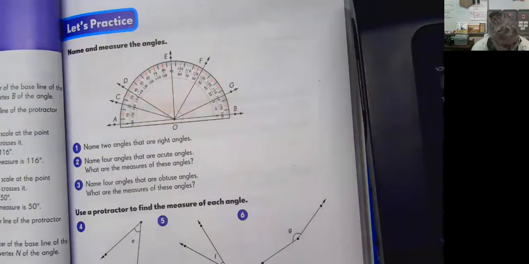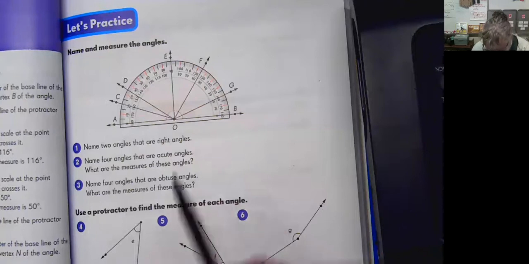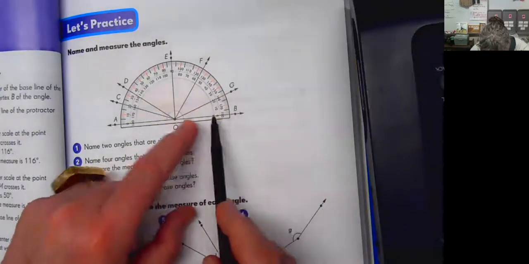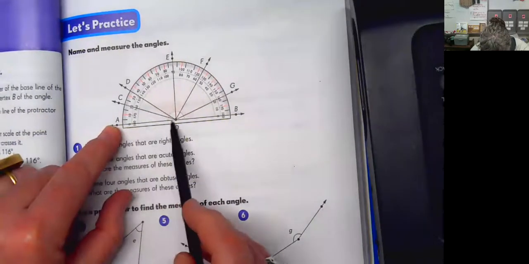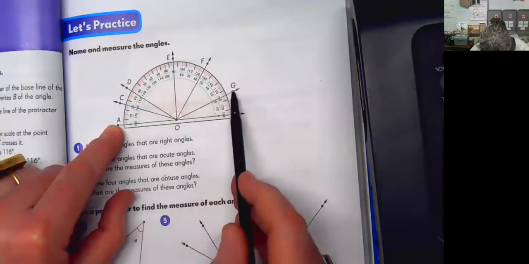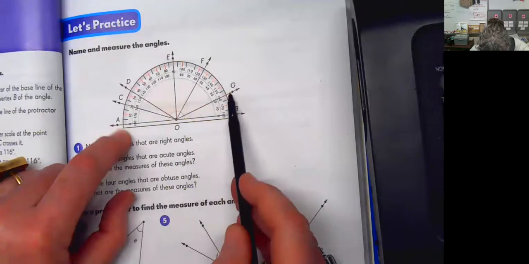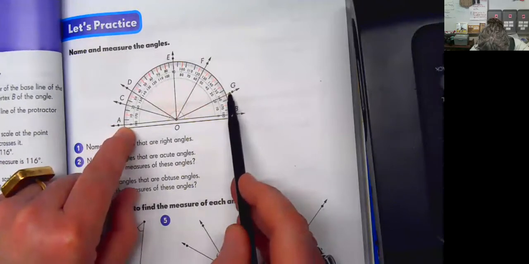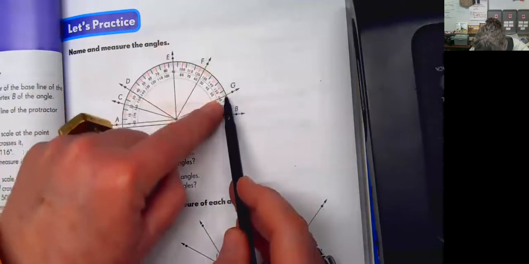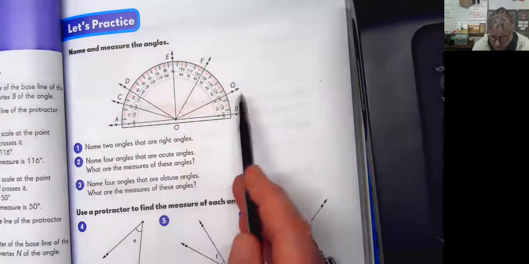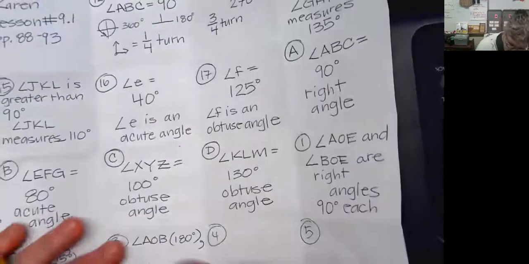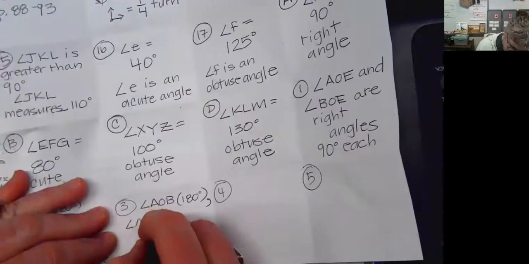How many do we need? 4. Uh-oh. Let's do AOG. So if we have AOG and we start over here at the scale where A is, we have 160. So AOG, 160 degrees.